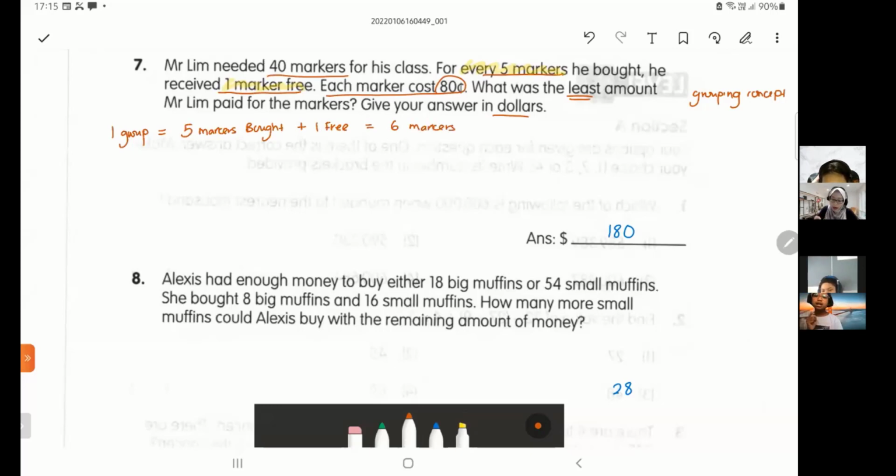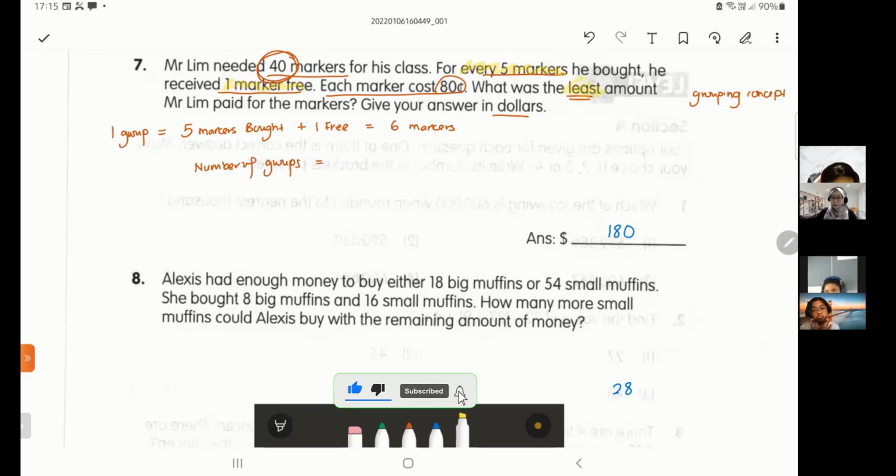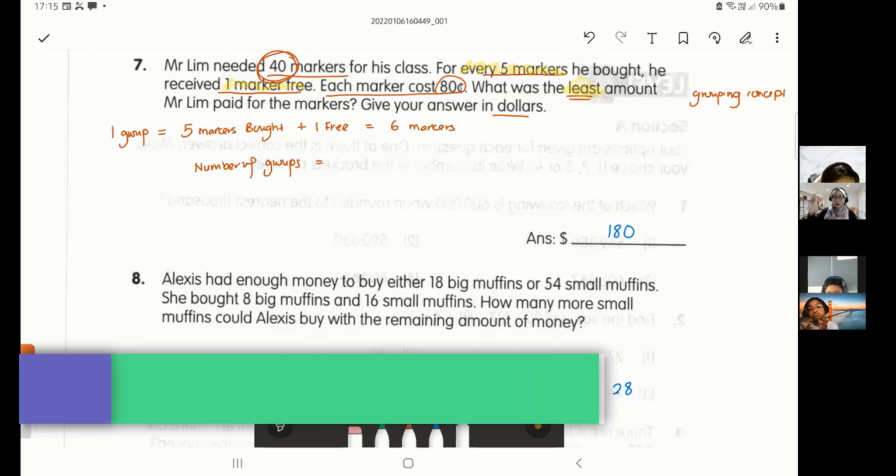Okay. So he needs 40 markers. So how many groups of 6 markers are there in that 40 markers that he needs? Okay. So number of groups. Of course, there will be remainder. Why will there be remainder? Because the question says least. Whenever you see the word least, maximum, minimum, it's always a question with remainder.